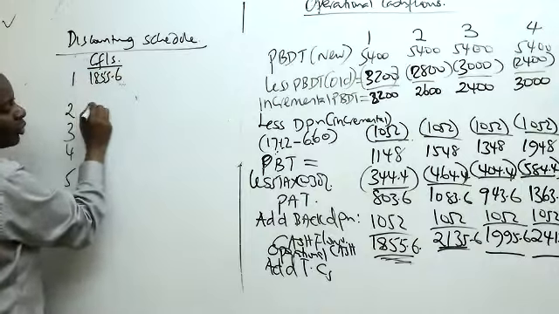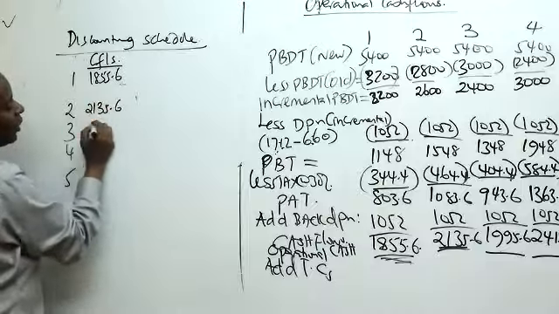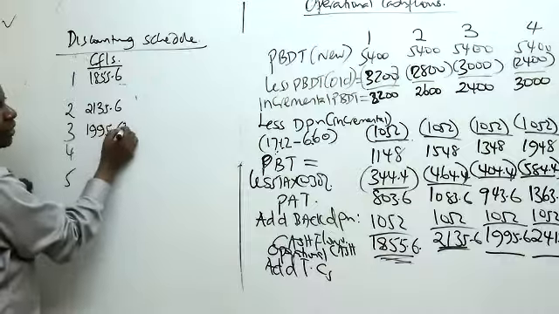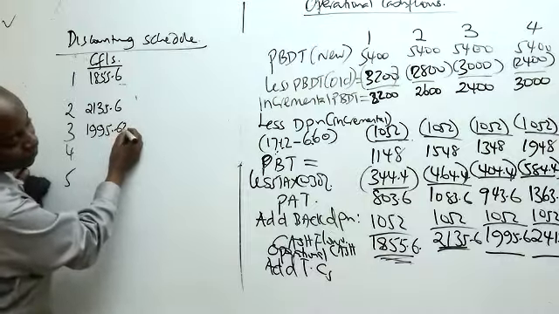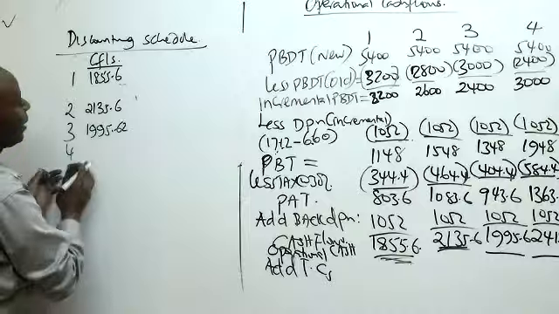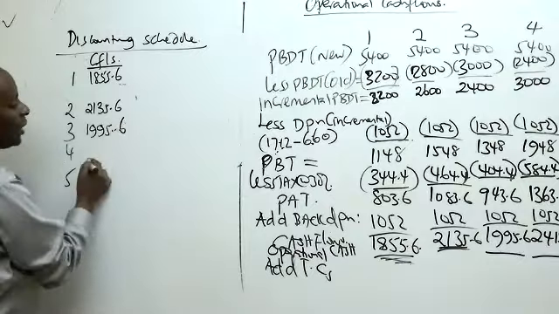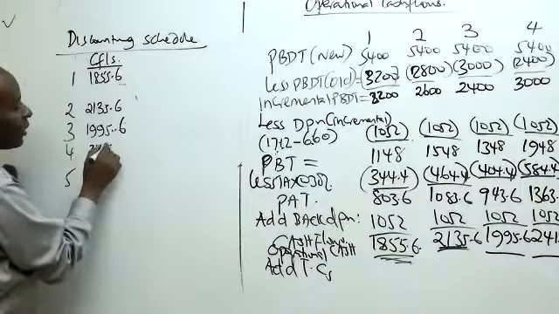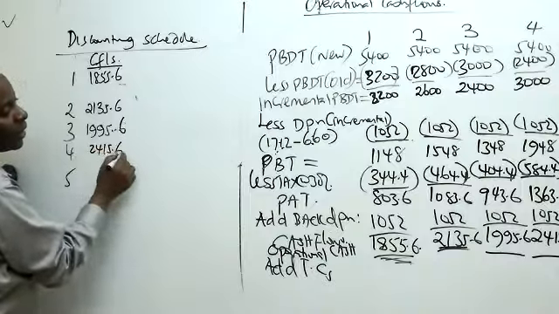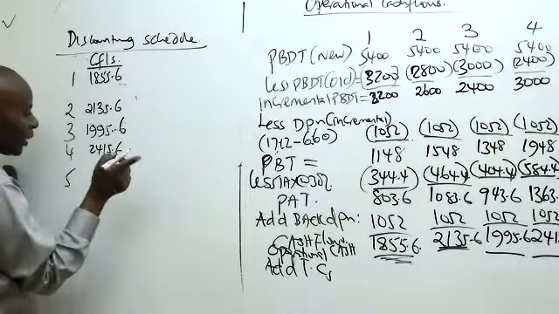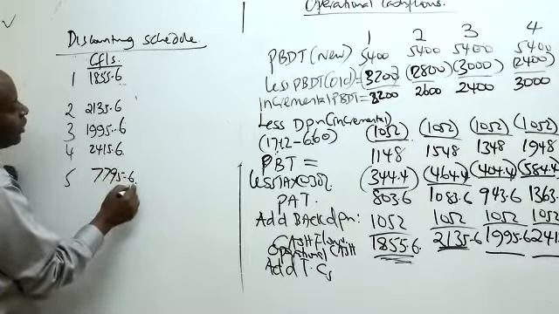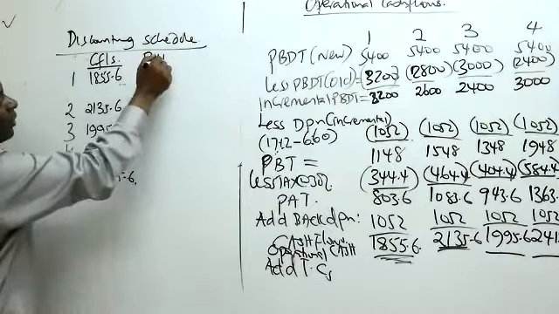Year 2 is 2135.6. Year 3, we have 1995.6. Year 4, we have 2415.6. Year 5, you have to be careful, work with that total, 7795.6.